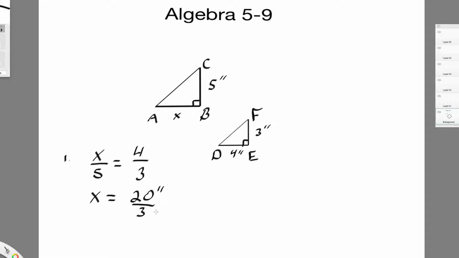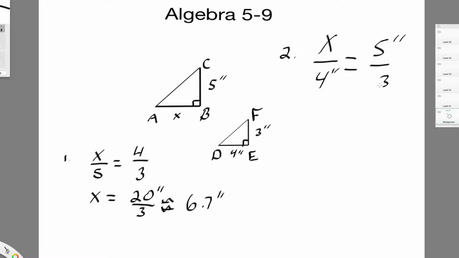If I really needed to, I could say that that is approximately equal to 6.7 inches. I said there were two ways, so let's look at way 2. In this case, I took the ratio of x, the unknown side, to a known side from the same triangle. I could also go with the corresponding sides. X is to 4 inches as 5 inches is to 3 inches.